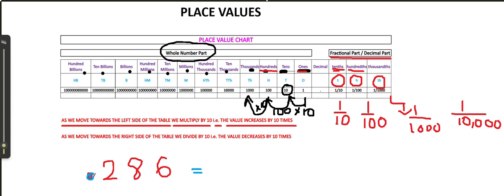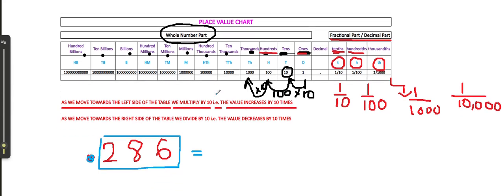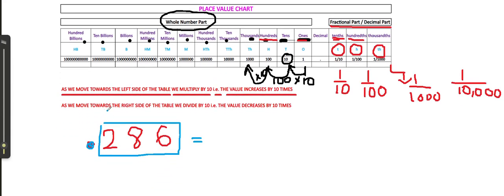As you can see, this is the decimal place, and we are talking about the right side of the decimal place, which is the fractional part. So this belongs to the tenths place, this belongs to the hundredths place, this belongs to the thousandths place.